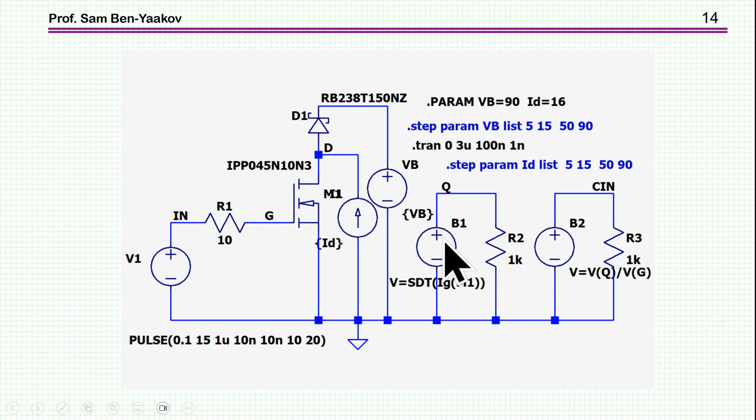Then I've added some online calculation. This one is calculating the charge going into the gate, and this is done by using the LTspice operator for an integral, so I'm integrating the current going into the gate. Then by dividing this charge by the voltage at any given point, I mean the gate voltage, I can get the equivalent input capacitance.